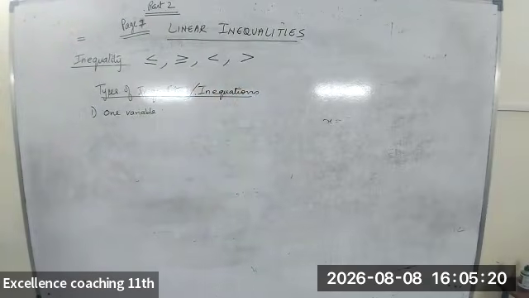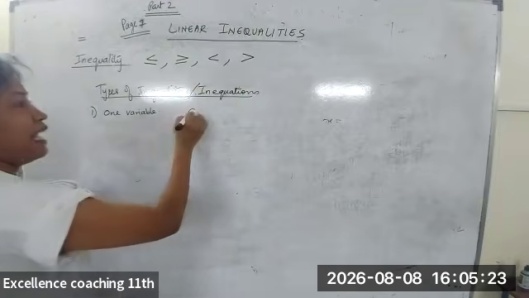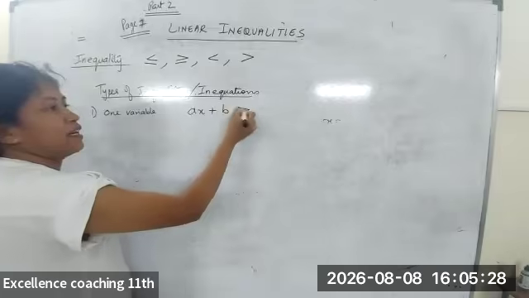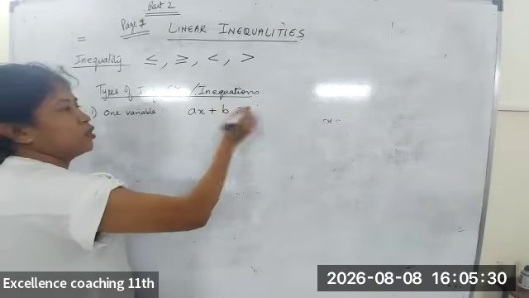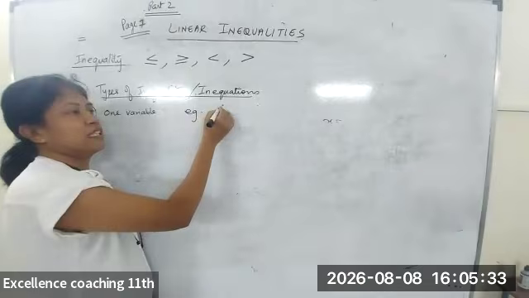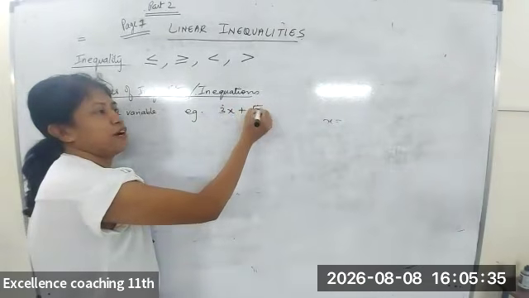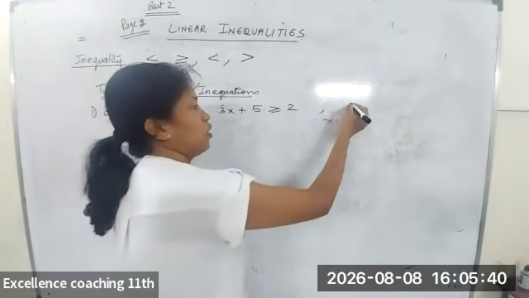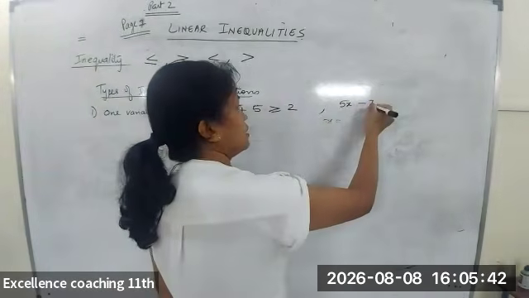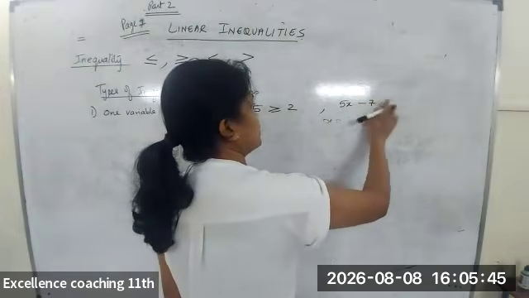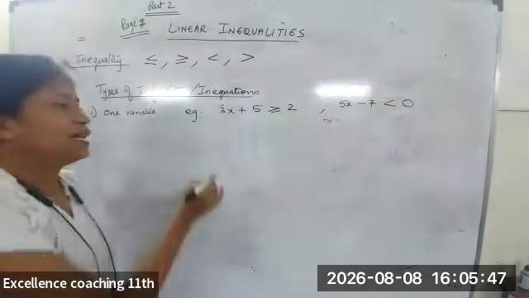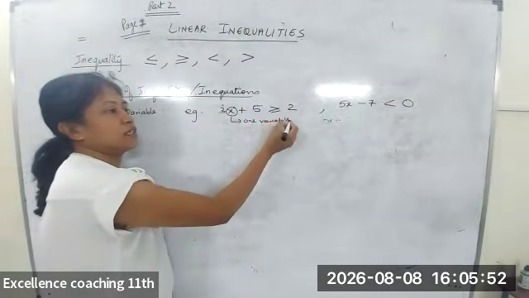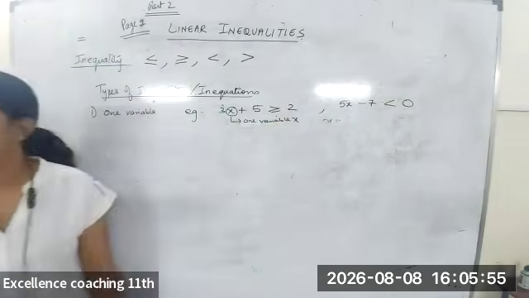Like we had learned linear equations, one variable like ax plus b greater than, for example, 3x plus 5 greater than 2, or 5x minus 7 greater than or less than, whichever symbol, like this type, where there is only one variable.